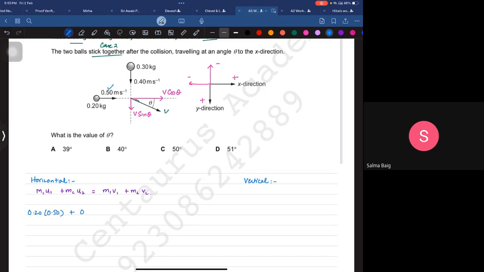M2 was 0.30, but it was completely vertical, so I'm going to put it as 0 because it doesn't have any horizontal speed. Later on, M1 and M2 combine, so we're going to add the masses together. So it's going to be 0.20 plus 0.40, and horizontally, their speed is V cosine of theta. You guys agree with that?